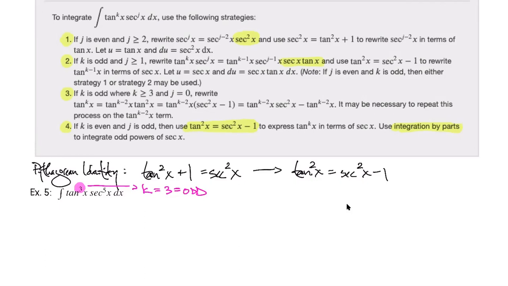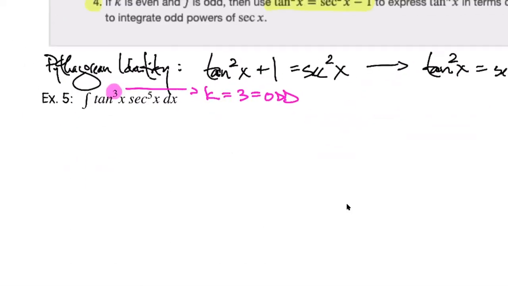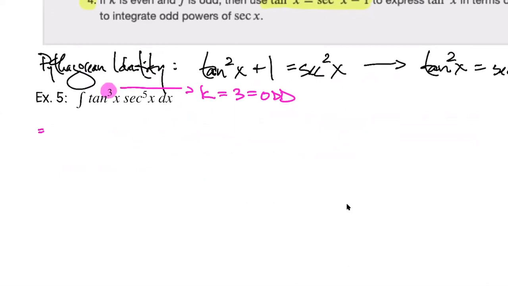Strategy number 2 says that if k is odd, we lose the power from the tangent and we lose the power from the secant. That gives us the secant tangent that we need for a u sub at the end. So that would give us the integral of tangent squared x secant to the 4th x, because I got to lose 1 from each of them. And at the end, I'll have 1 tangent x and 1 secant x.